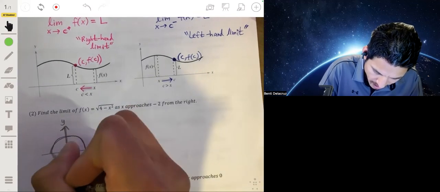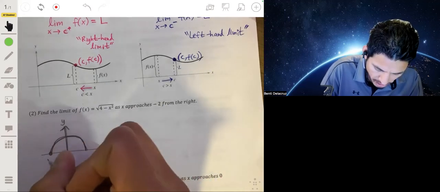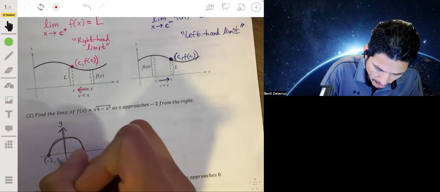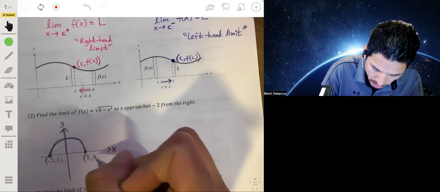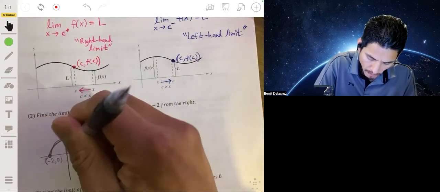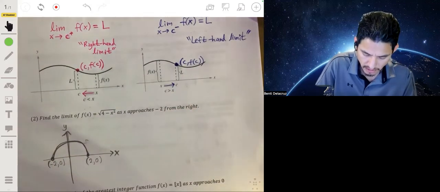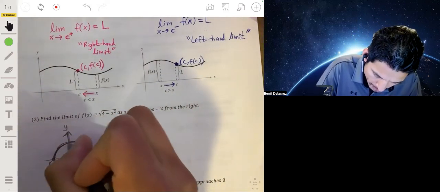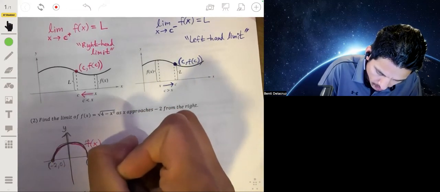Something like that. So we have a point here, -2, 0, and a point here is 2, 0. This is my function f of x.